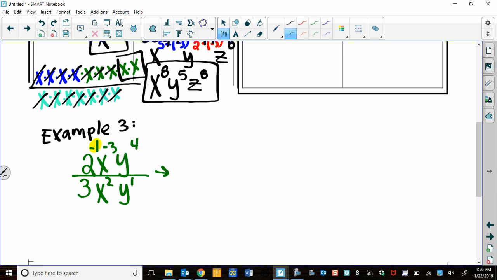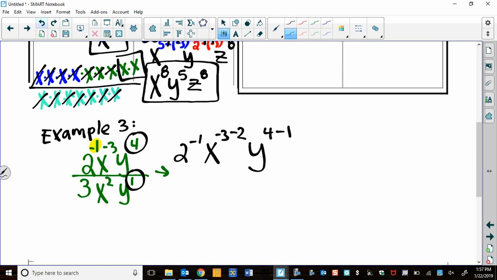Alright, so I have 2 to the negative 1. It's going to come later into play. I'll have x to the negative 3. What I'm doing is I'm subtracting that by 2. All I'm doing is subtracting these two exponents. Okay. Now, I'm going to now do y. I have y to the 4th minus 1.